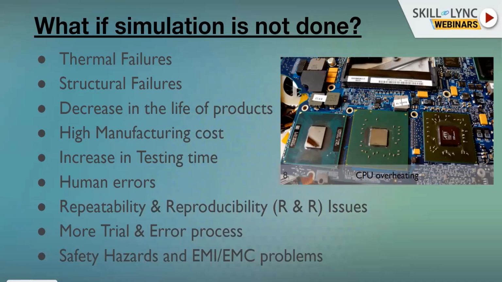Every electronic device should have a certification of EMI or EMC issues. That is a norm which we have to follow. So these are the things which generally happen if the simulation is not done for a particular electronic device.